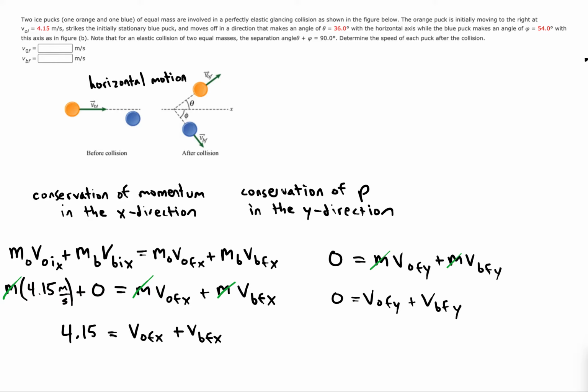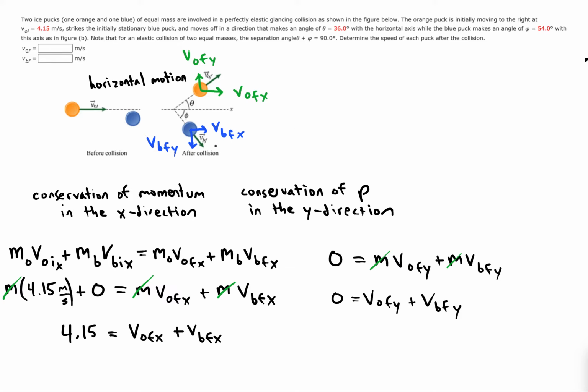Now if we wanted, we could use the angles that they're going at to find the components. See, this is our VO final x, and this is going to be our VO final y. Down here we'll have this being our VB final x, and there'll be a component which is a VB final y.